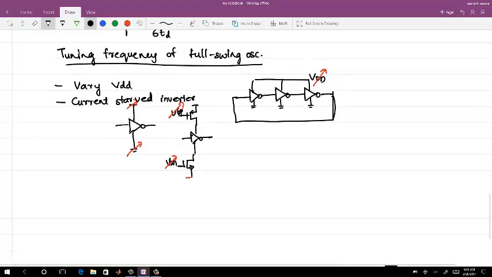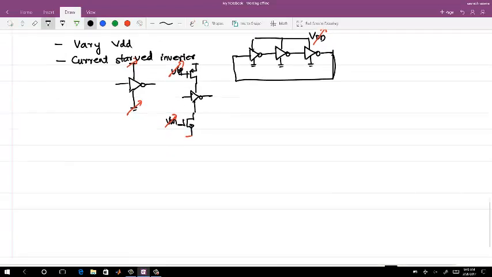And how can you do this? Let me show you with one single control. Let's say you have the whole chain roughly.